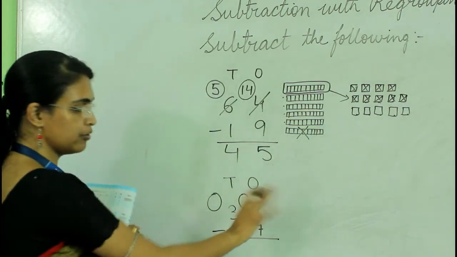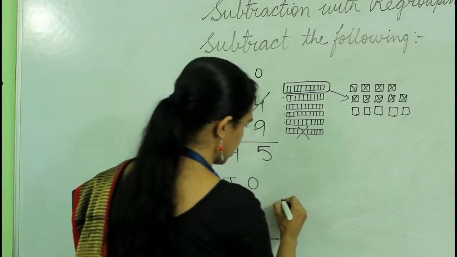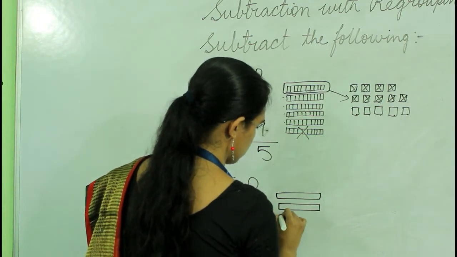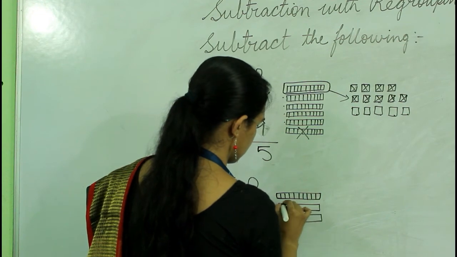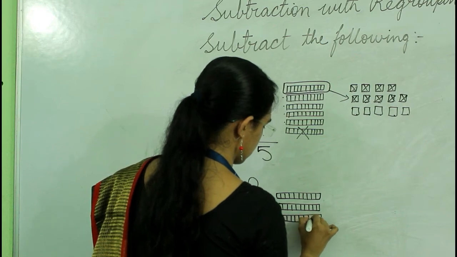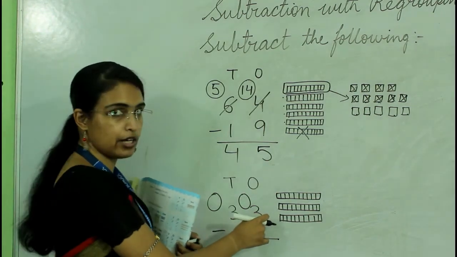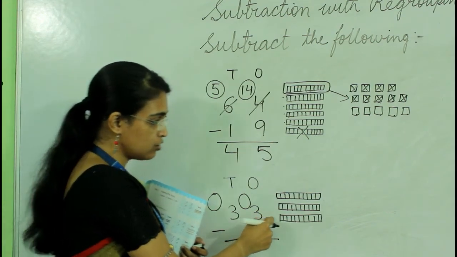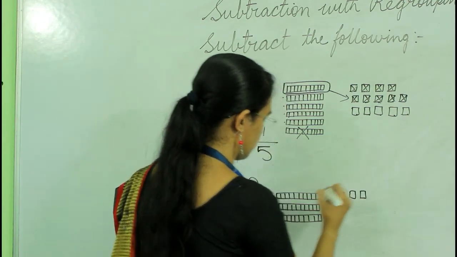So first we will put the first number. Which number is this? 3. So how many blocks do we have to draw? 3 blocks. 1, 2, 3.